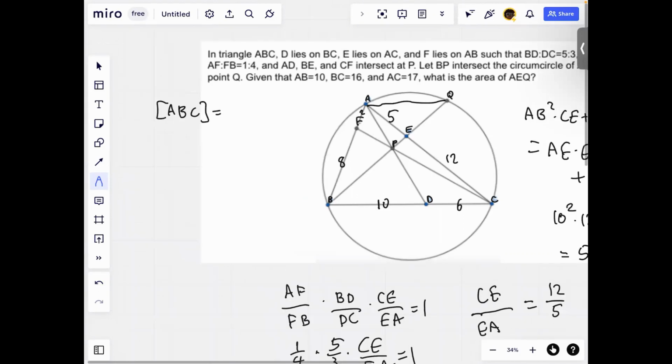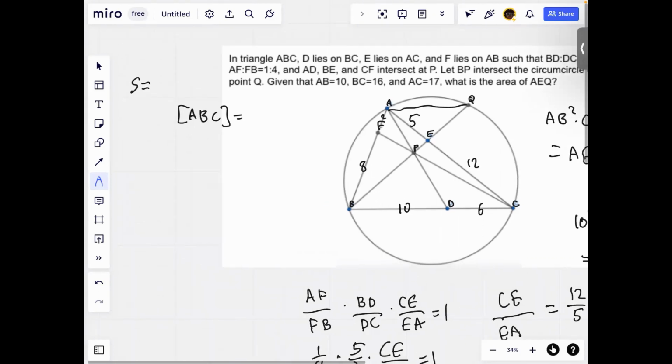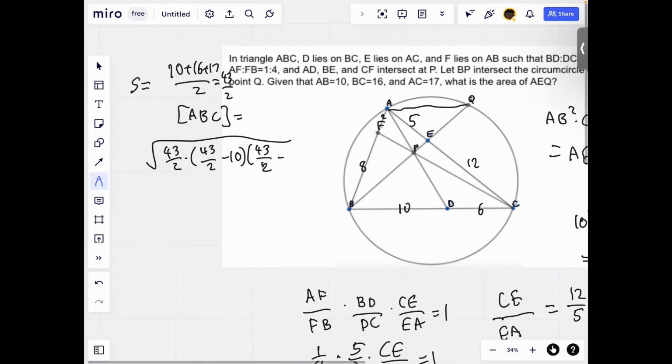If we let the semi-perimeter be the average of its sides, it's 10 plus 16 plus 17 over 2. So the semi-perimeter is 43 over 2. Then the area is just the square root of the semi-perimeter times the semi-perimeter minus each side. Now if we solve this, we get the following.